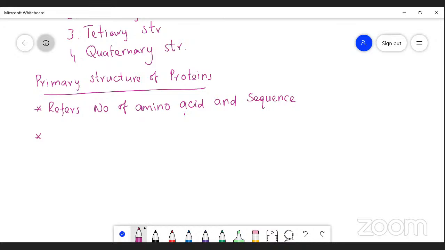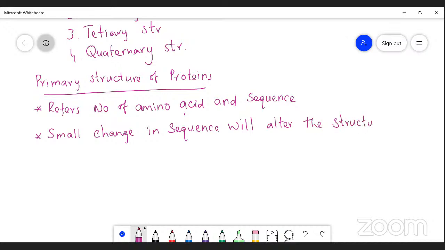So the structure and function of protein are dependent on the primary structure.